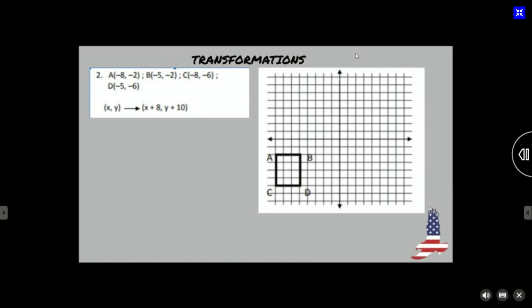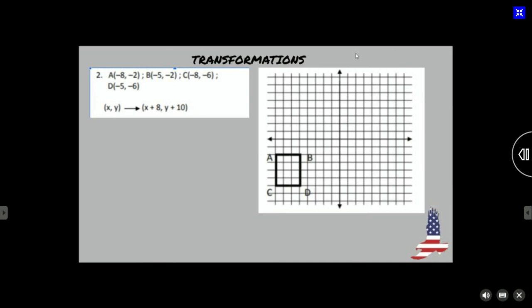Doing your problem 2. So what do you gotta do to your X's? What do you do to your Y's? So A is -8, -2.